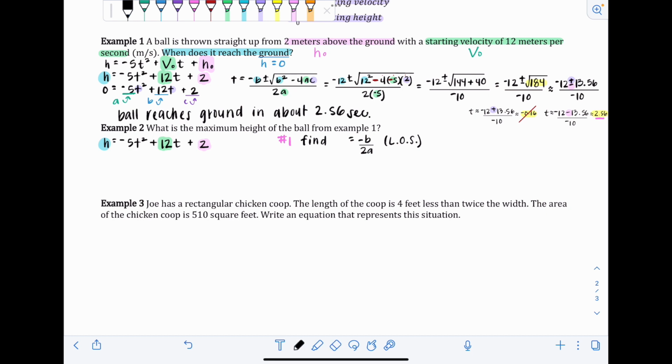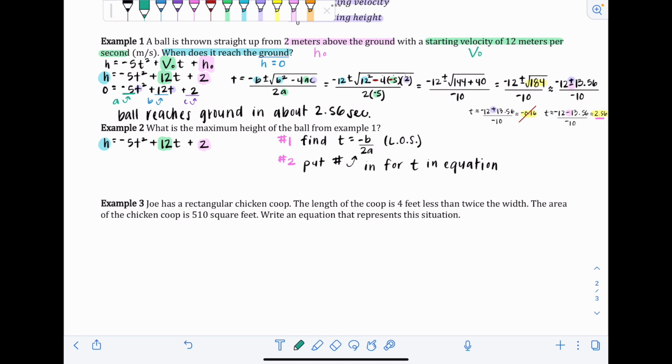And once we find that number, we put that number in for t in the equation. So step 1, find negative b over 2a, that's the line of symmetry, and then we put that number in for t into the equation. That'll give us the maximum height.